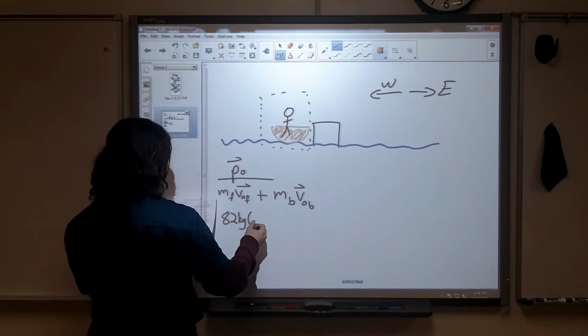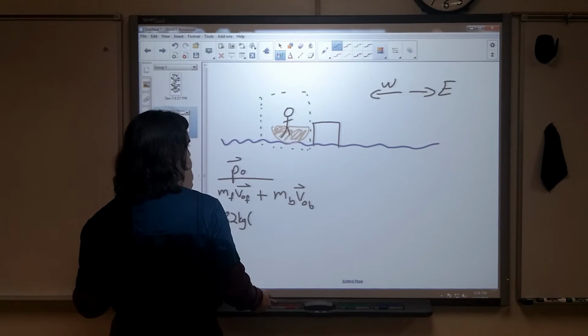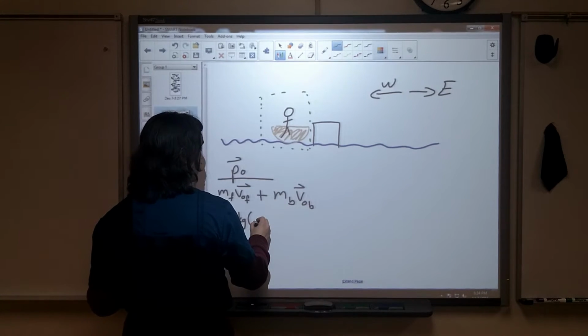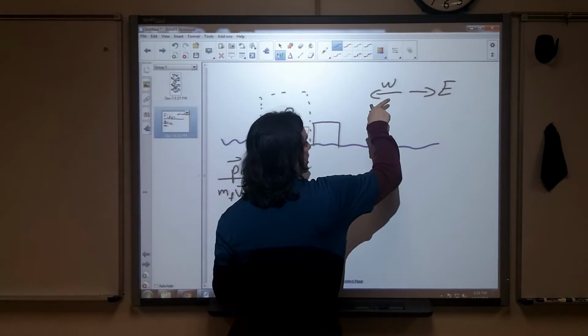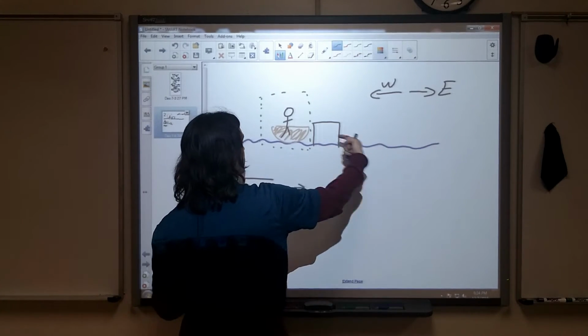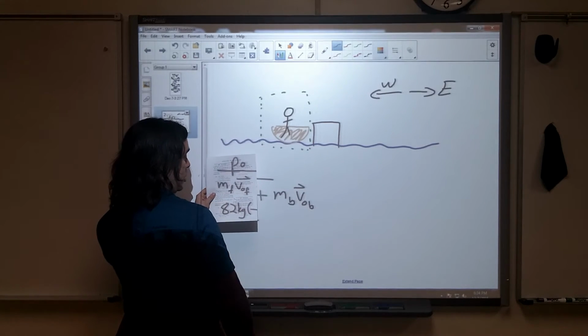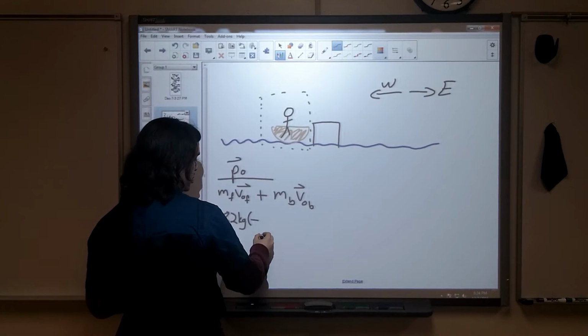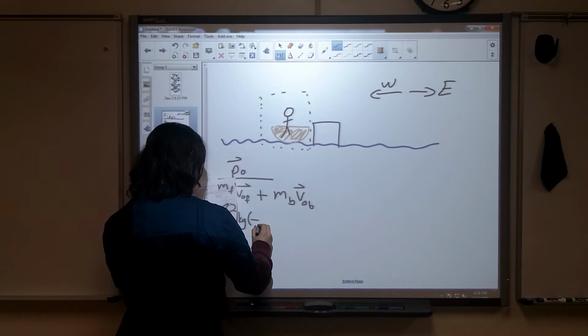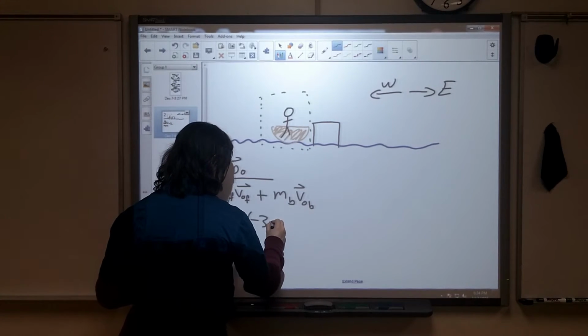And the initial velocity of the fisherman is 3.4 meters per second to the west. They told us that east is the positive direction. The way we normally draw it is to the right, so west is to the left, and west, by definition from that note, is the negative direction. So negative 3.4 meters per second.